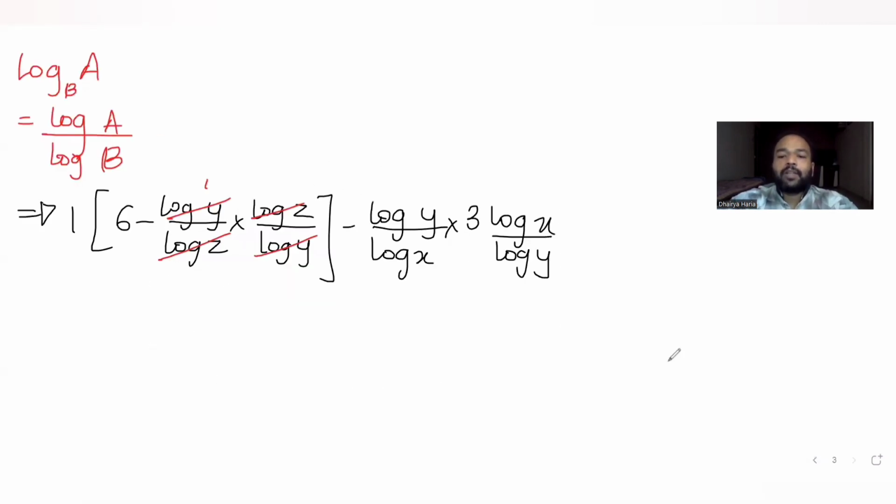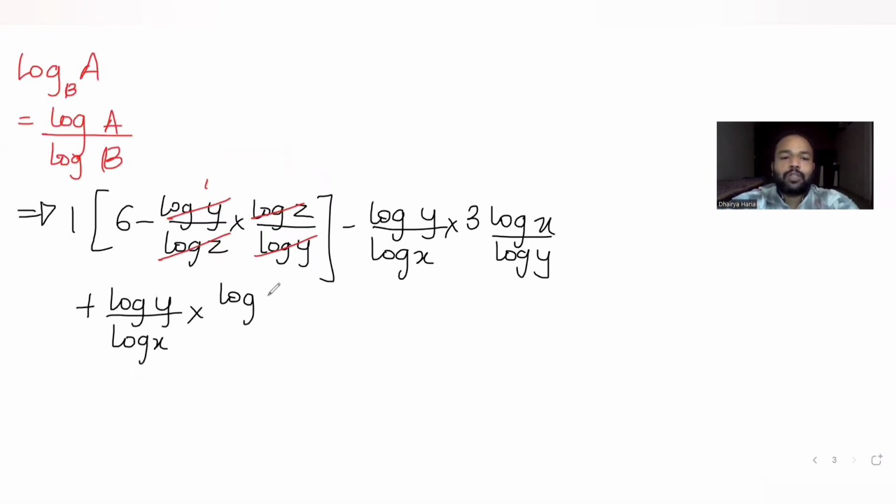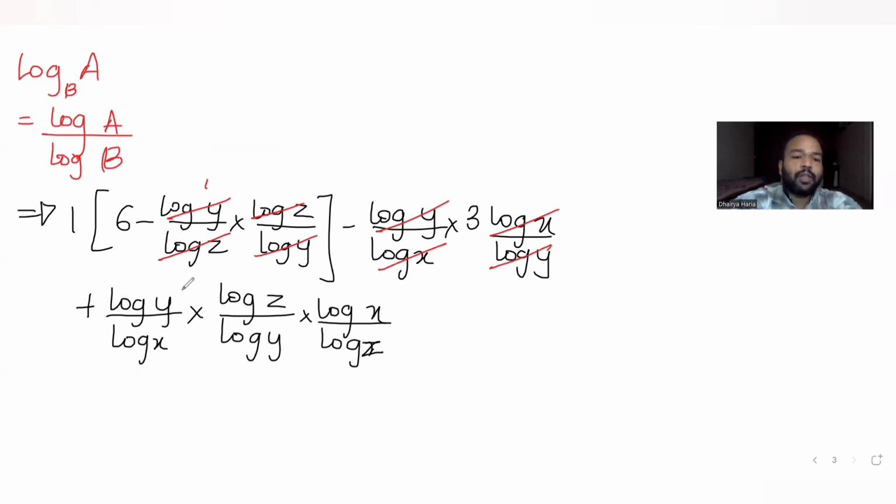Minus of minus makes it plus log y upon log x multiplied with log z upon log y into log x upon log z. If I solve this further, log y gets cancelled, log x gets cancelled, so you're left with 3. Here, log y gets cancelled, log z gets cancelled, log x gets cancelled, so you again get 1. So minus 3 and plus 1.